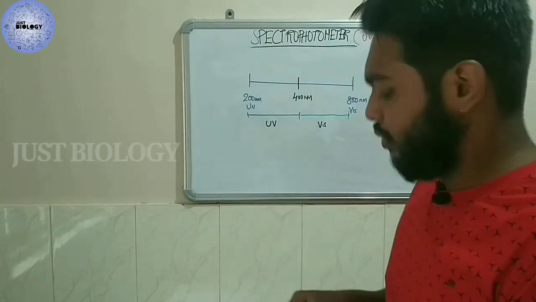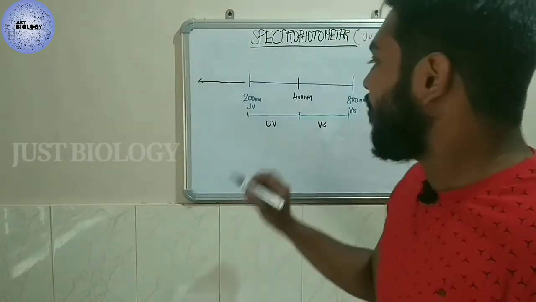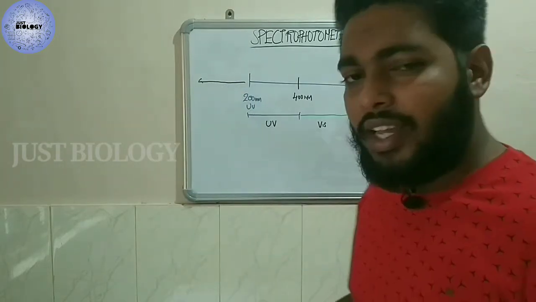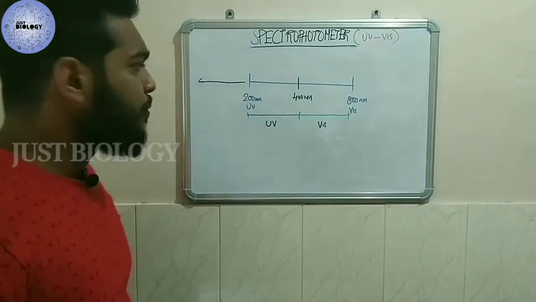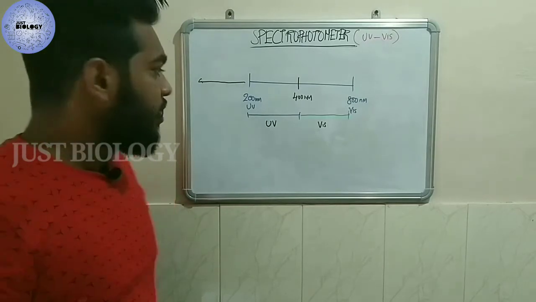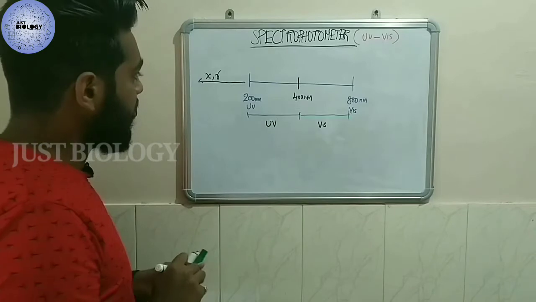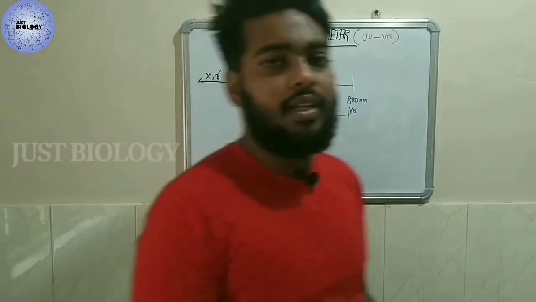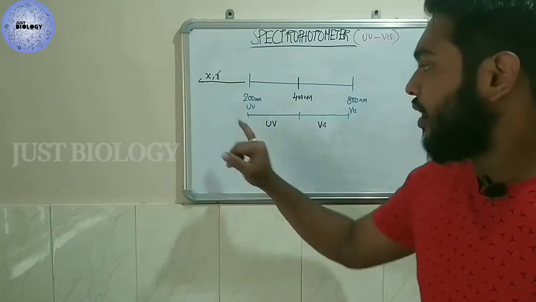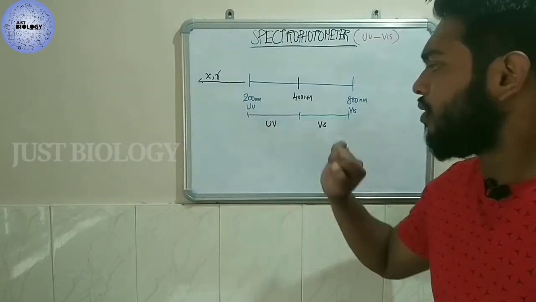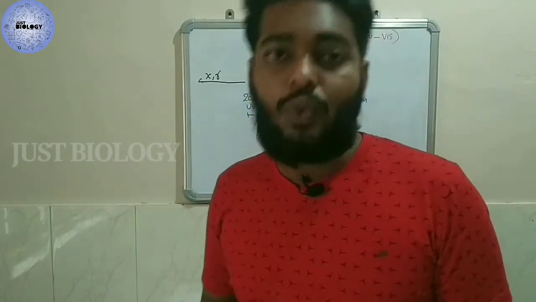Below 200 nanometers you can see some kind of radiation particles. We have X-rays and gamma rays as radiation, with wavelengths of less than 200 nanometers. So 200 to 400 is the UV and 400 to 800 is the visible.